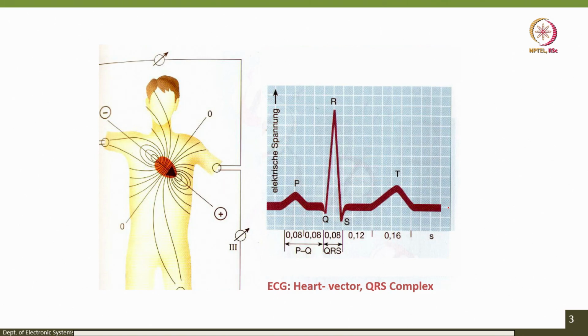There are several waves, one is the PQ wave, then there is a QRS wave, and then there is an ST wave, okay. But the main thing is QRS and of course, its relation with respect to the PQ.